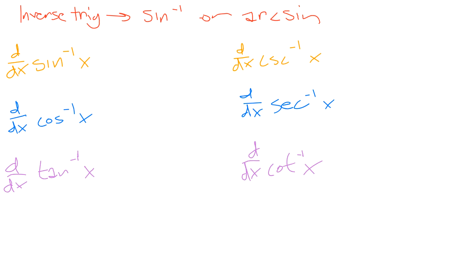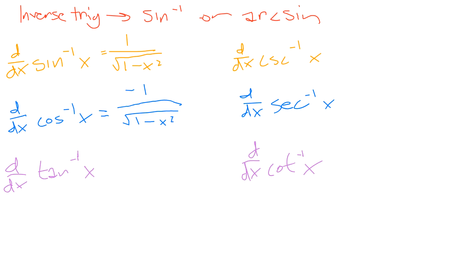For our inverse sine, we're going to end up getting the formula 1 over the square root of 1 minus x squared. For our inverse cosine, it's actually going to be the same thing, but we're going to have a negative out in front of it.